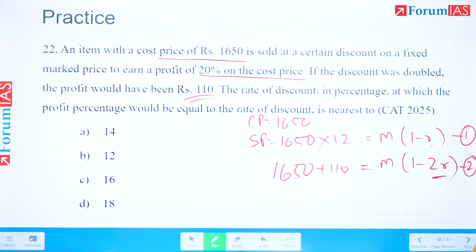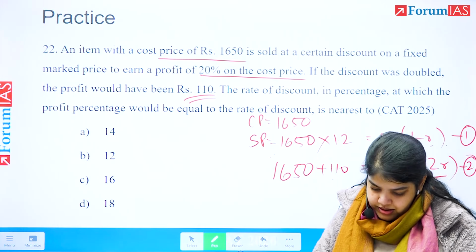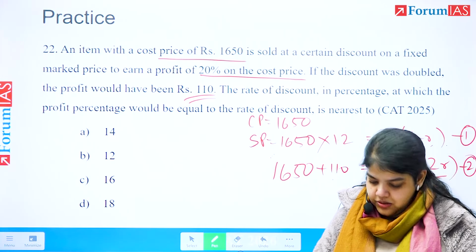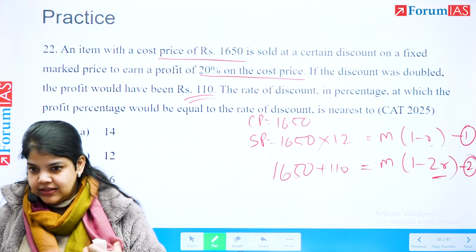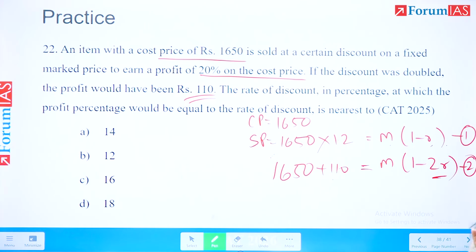Solve it. Second. No. Near about. All options are near about. But not 12. Is R. What is R? Question is what is R?